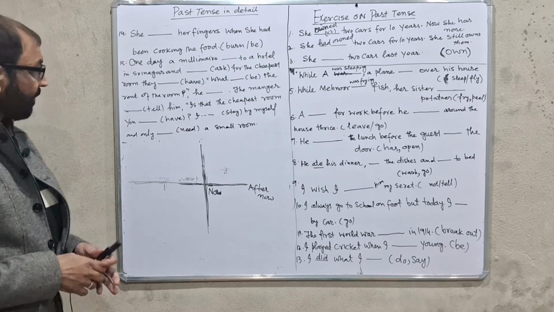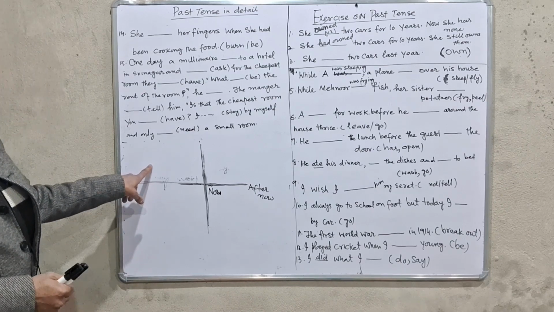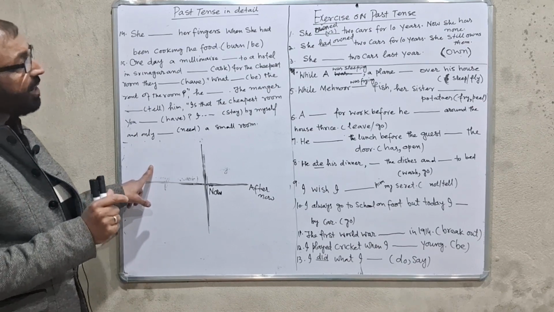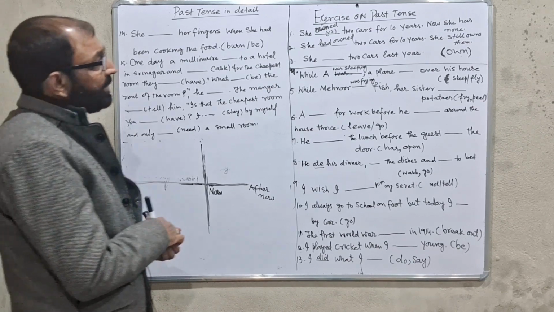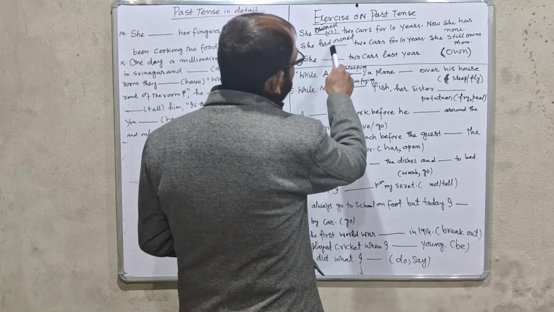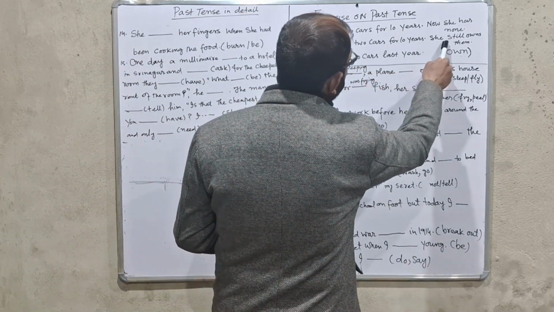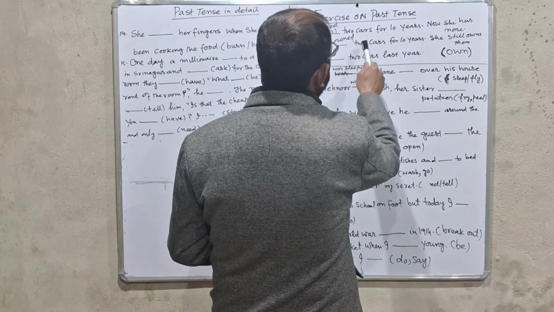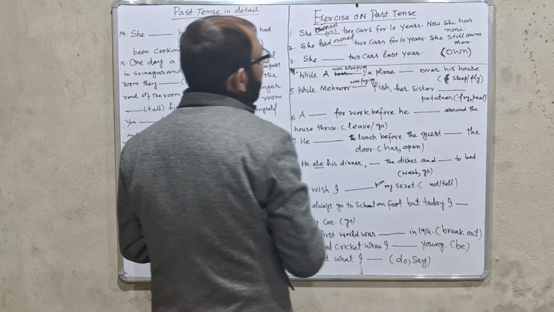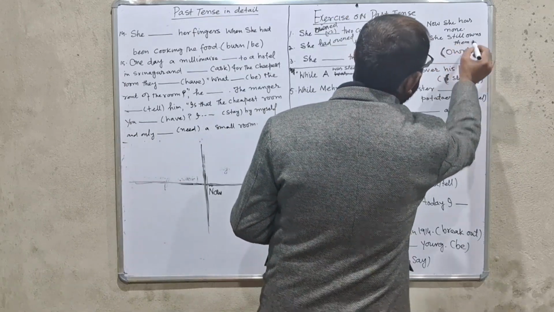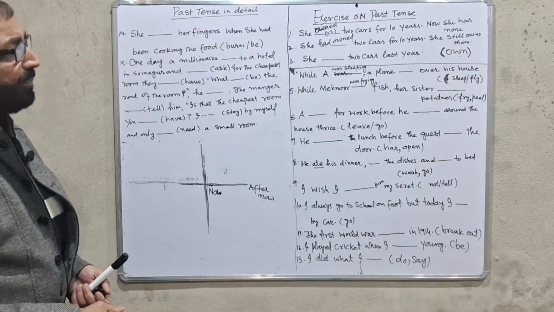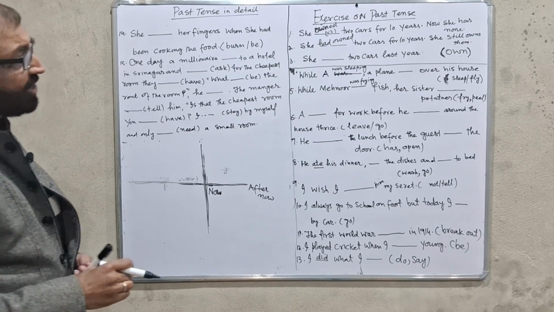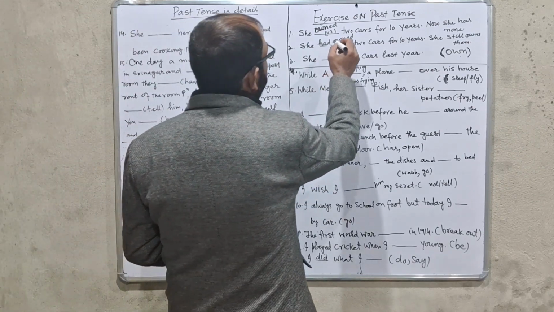Past perfect again refers to the past, but there is a difference between past simple and past perfect. Past perfect means it has a connection with the present. She still owns them means it has some connection with the present time.